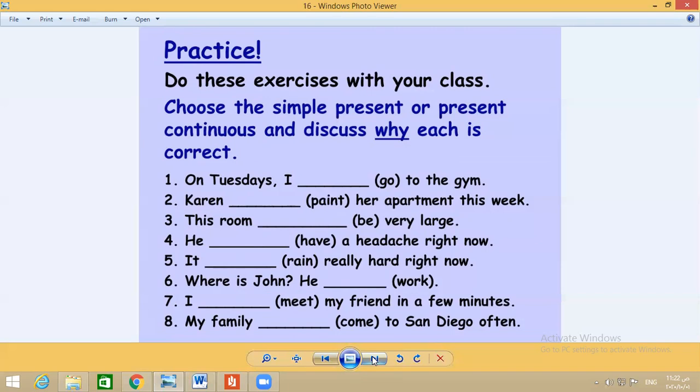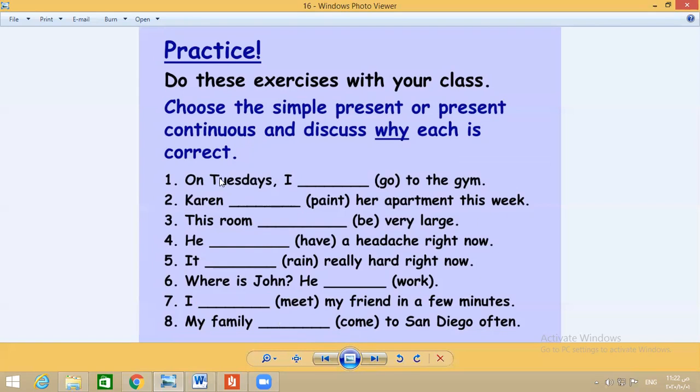Now you're having two options. You're going to use simple present or present continuous. Number one, on Tuesdays, I go to the gym. This sentence has the verb go. I have to modify it or correct it according to the meaning of the sentence. Let's look at any helping word that will help me. On Tuesdays.